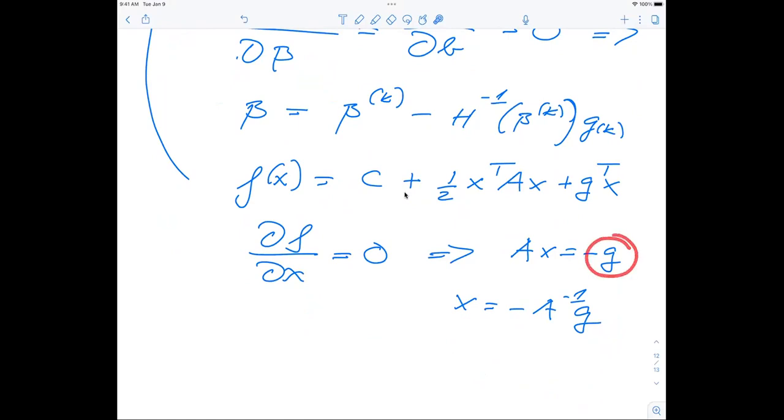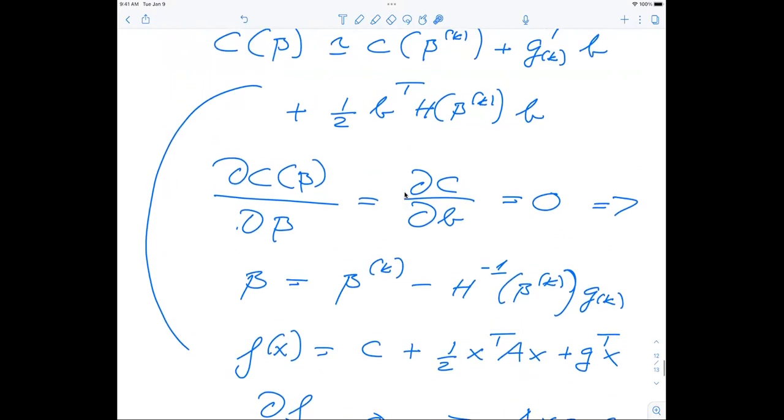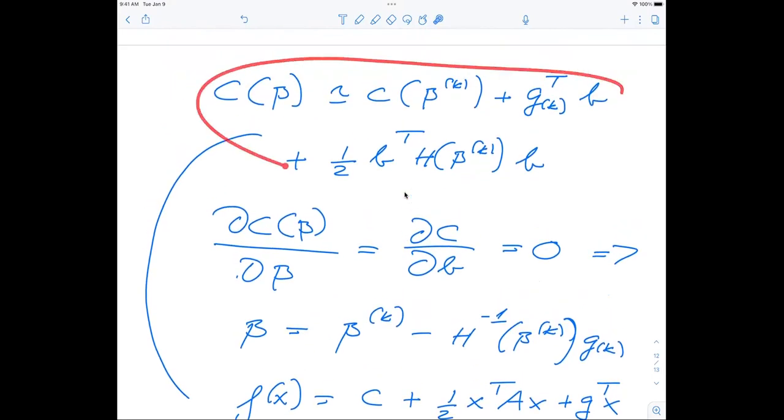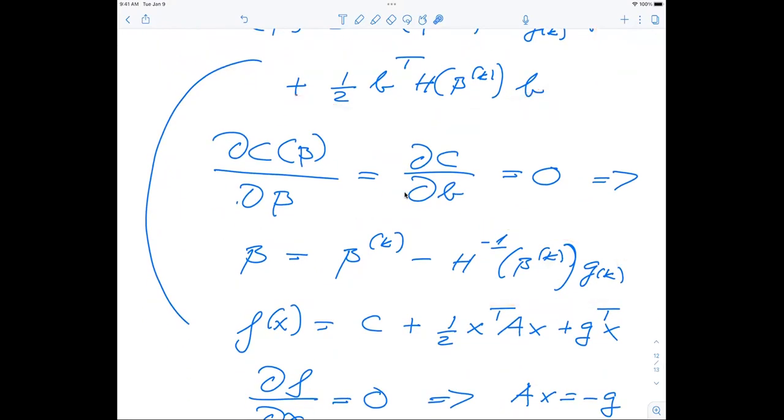So this quantity is known, this is unknown, this is the only unknown quantity. So this is a kind of parallel with what we are doing now. And this is how you end up, when you take the derivative of this function, with Newton-Raphson's method for finding the roots of the first derivative.